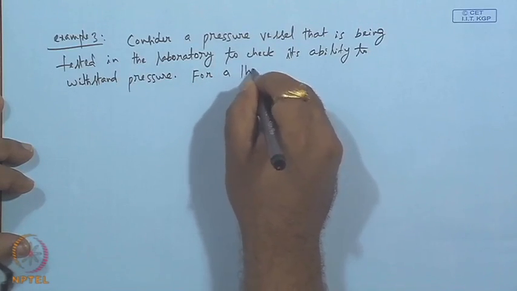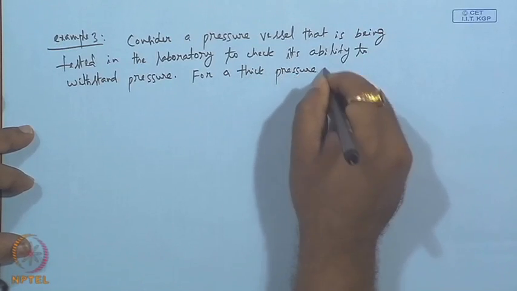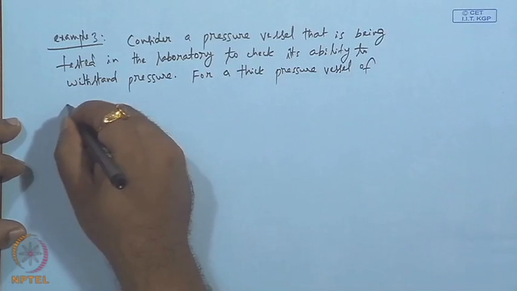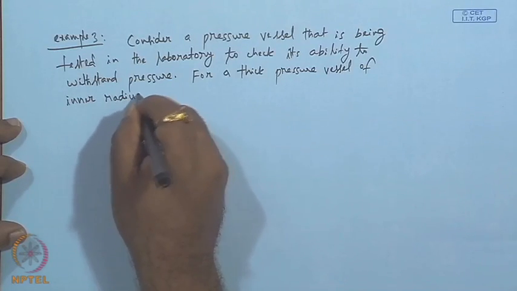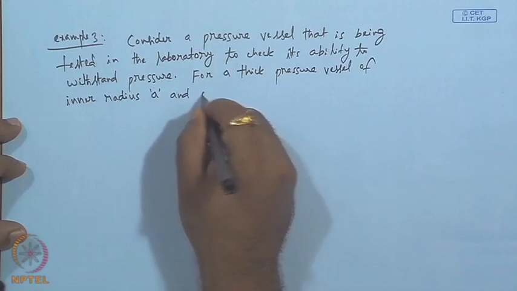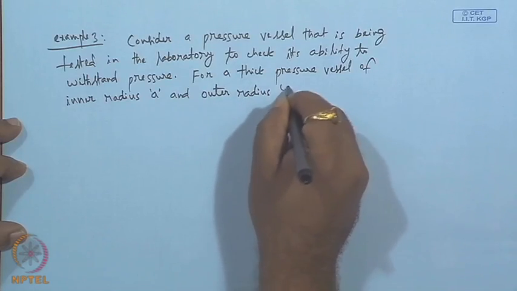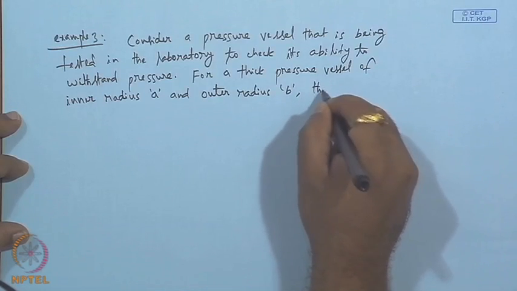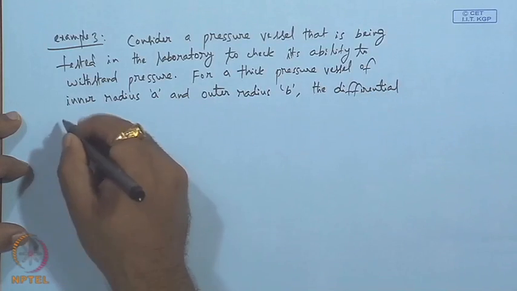For a thick vessel of inner radius A and outer radius B, the differential equation.